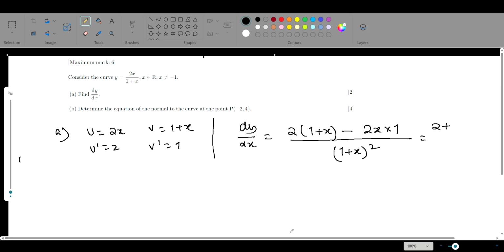So it is 2 plus 2x minus 2x over 1 plus x squared, which is 2 over 1 plus x squared. That's the answer, which is different from what you're getting. Oh, yeah.